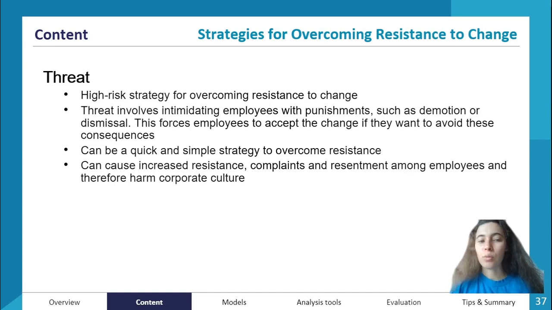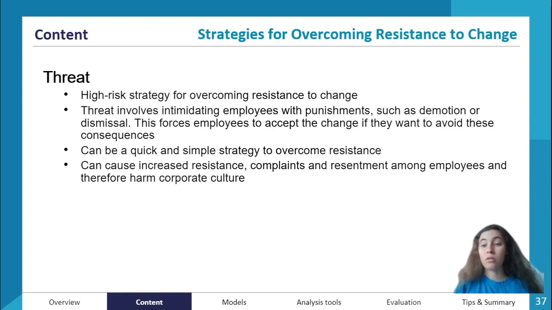Lastly, we have threat. So this is the highest risk strategy for overcoming resistance. This is about intimidating employees with punishments and consequences that could be implemented if they don't comply with the change and support it.